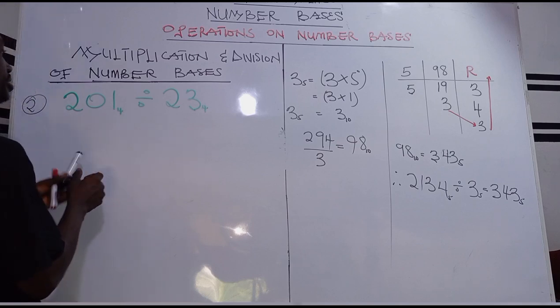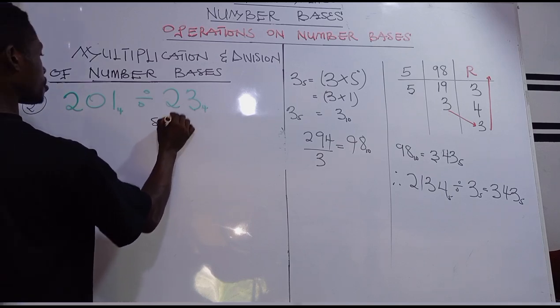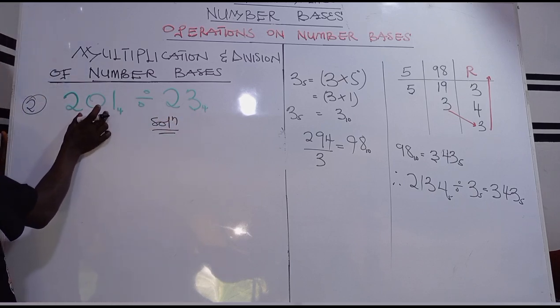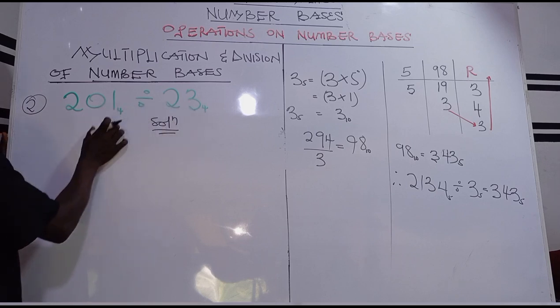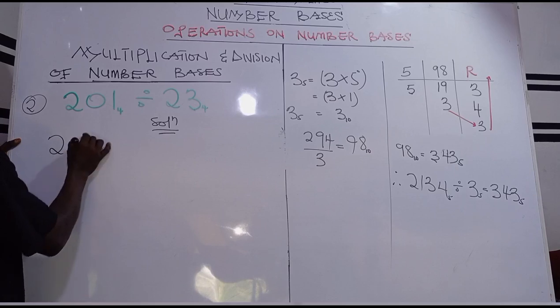So let's solve it together. As I said earlier, we are first going to convert these numerals to base 10 numerals. Let's start with 201 to the base of 4.